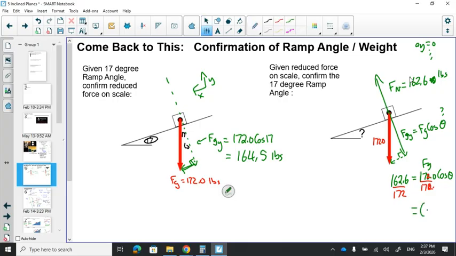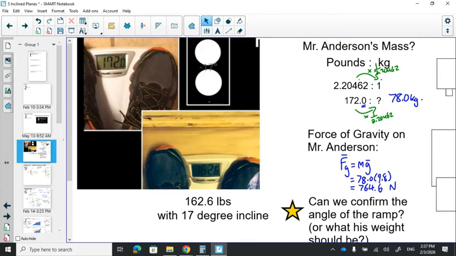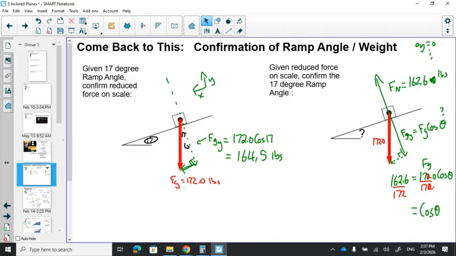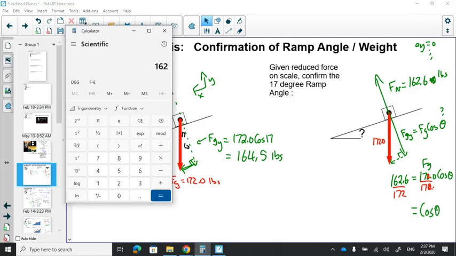And so we have cosine of theta equals that number. So 162.6. Just a double check for sanity here. 172. Yep, we're good. All right, so 162.6 divided by 172 is that, right? And then I'm just going to do cosine inverse of that. So trig, second cosine inverse, and it gives me 19 degrees.